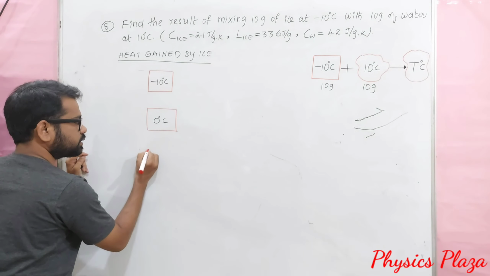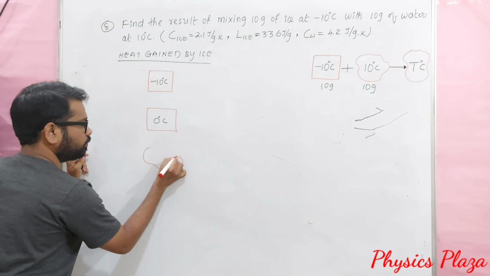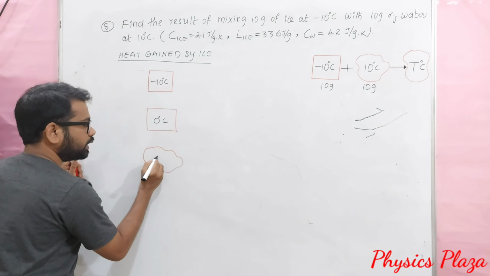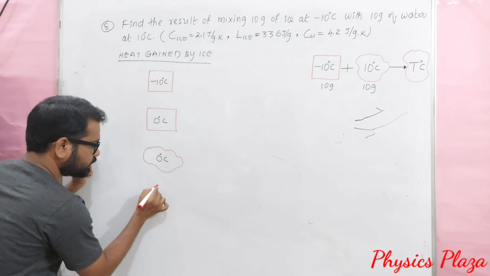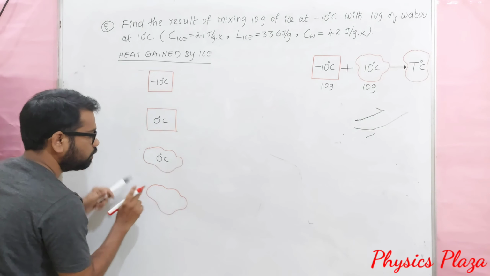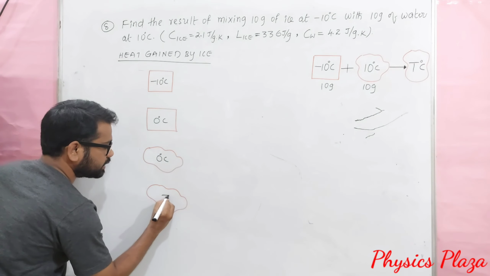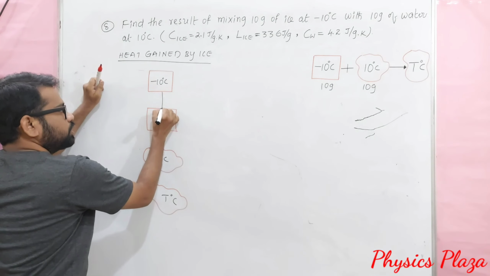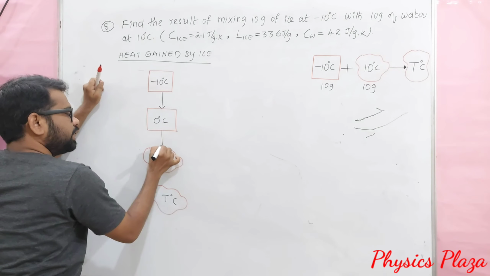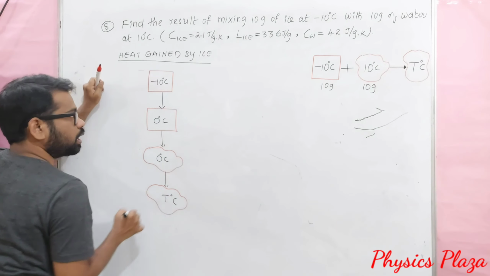Then this ice at 0 degrees Celsius will get converted into water at 0 degrees Celsius. Again, water at 0 degrees Celsius gets converted into water at T degrees Celsius, the resultant temperature, let us say. So in each stage we have to calculate the amount of heat absorbed.